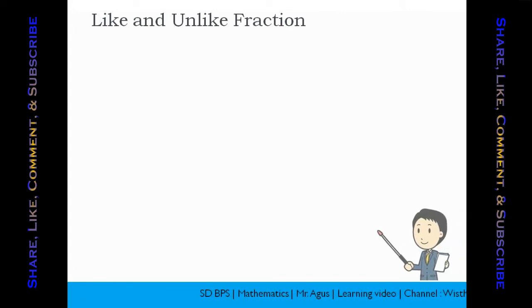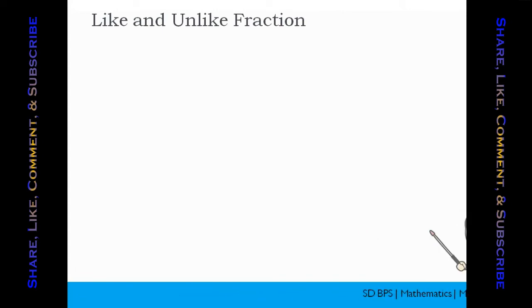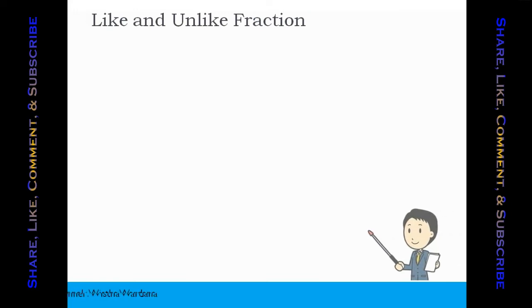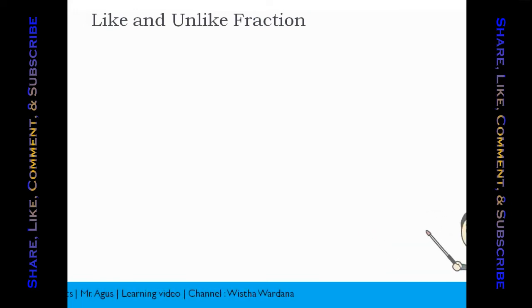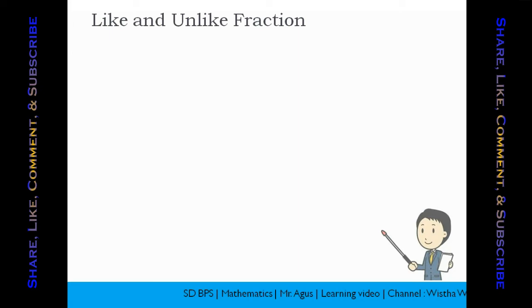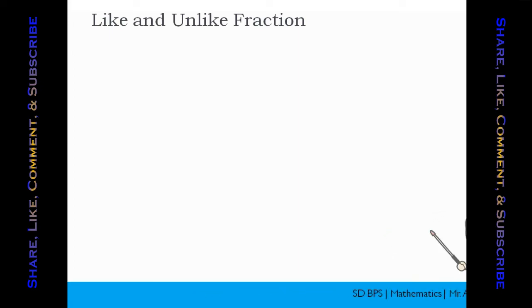Like and unlike fraction. So, I would like to explain you the type of fraction. Actually, we have 6 type of fraction, but I will explain it to you in grade 4. For you in grade 3, I just explain you 2 type of fraction.